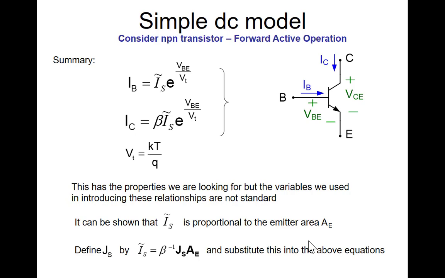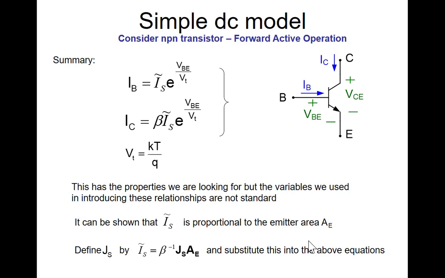So I'm going to define the parameter JS by this expression. JS is equal to IS tilde times beta over AE, or equivalently, IS tilde is equal to 1 over beta times JS AE. So I'm defining a new parameter JS.